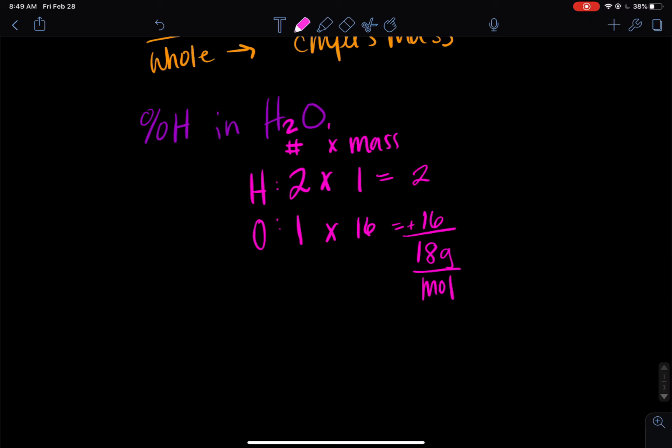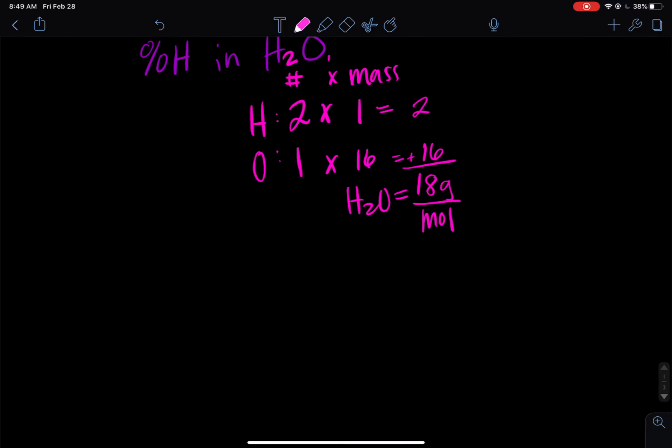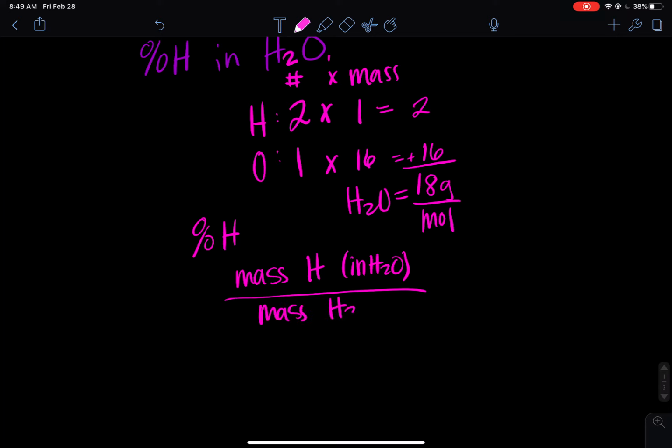Okay, so that means that 1 mole of water weighs 18 grams. So if I'm doing a percent composition of hydrogen by mass, I'm going to take the mass of hydrogen in water and divide it by the mass of water.